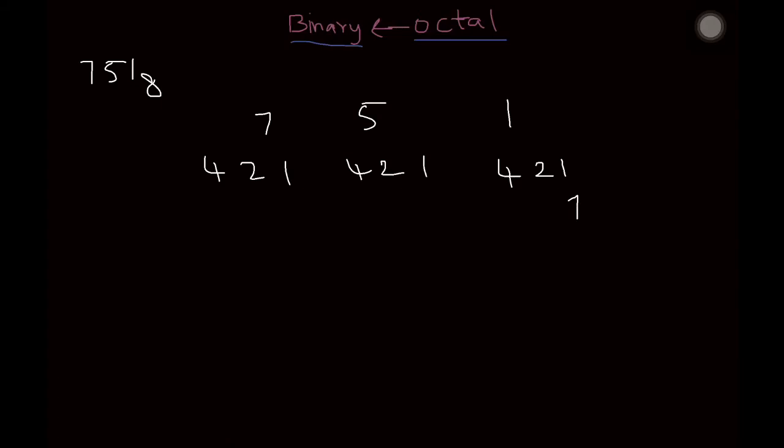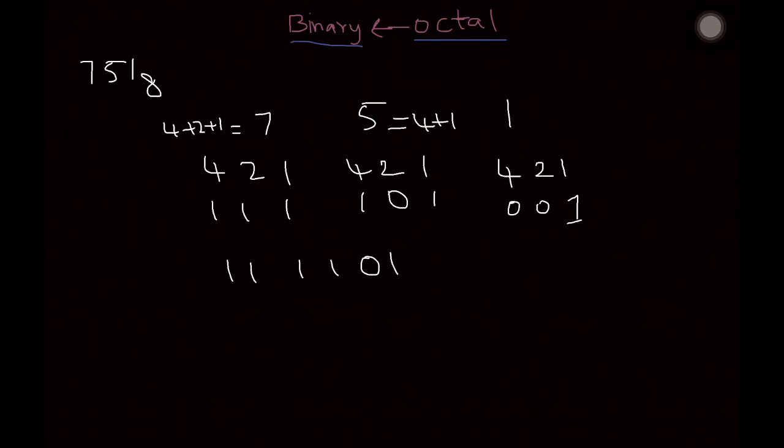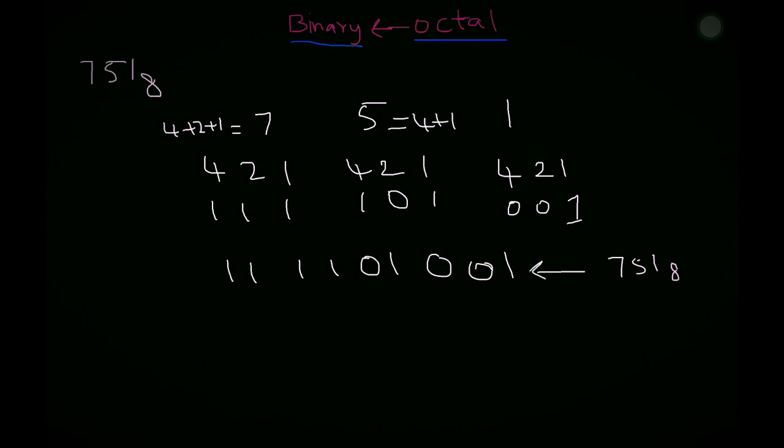Here 1, 0, 0. 4 plus 1, 5: 1, 0, 1. 4 plus 2 plus 1 equals 7: 1, 1, 1. So 1, 1, 1, 1, 0, 1, 0, 0, 1. This is how to convert from octal to binary.